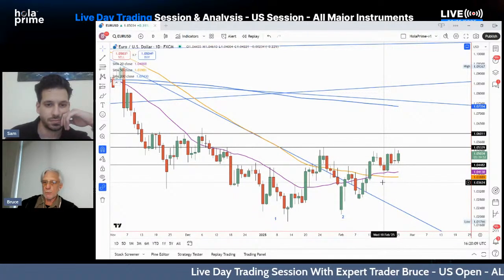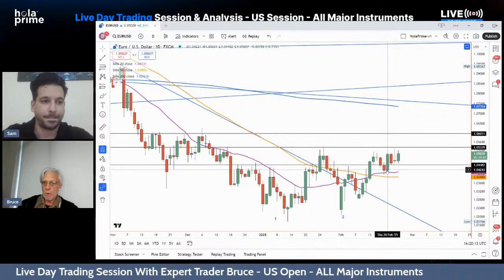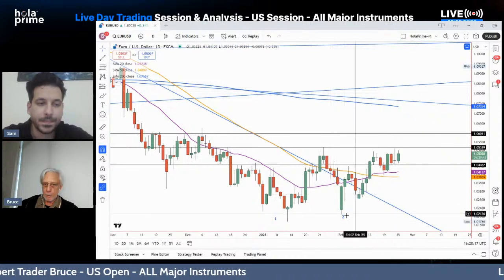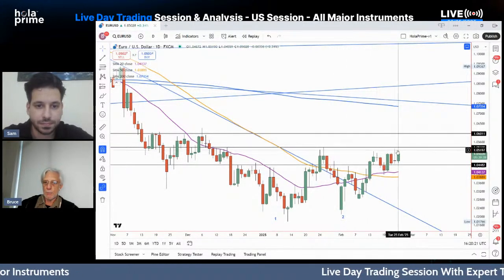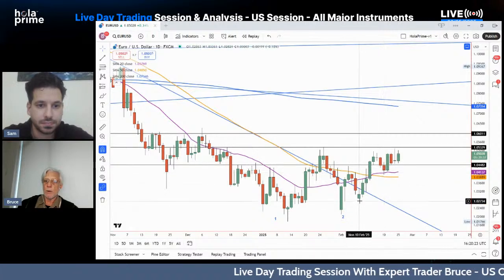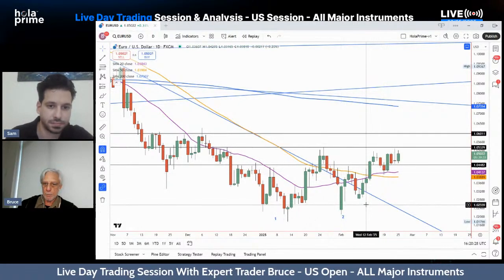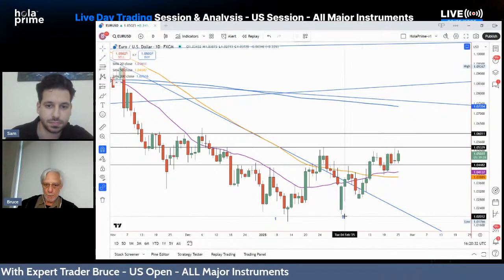So if that pullback low then converts into a bullish reversal, then we have this bullish reversal of this trend here of higher swing low, higher swing high, higher swing high, higher swing low, higher swing low. In other words, this swing low is above this swing low is above that. So this is the uptrend component of that double bottom.